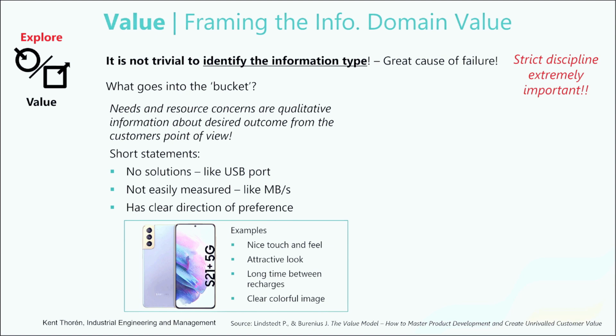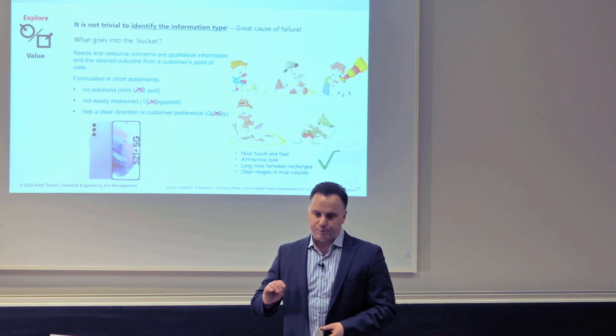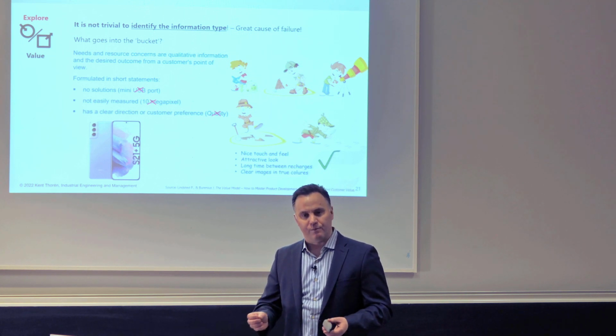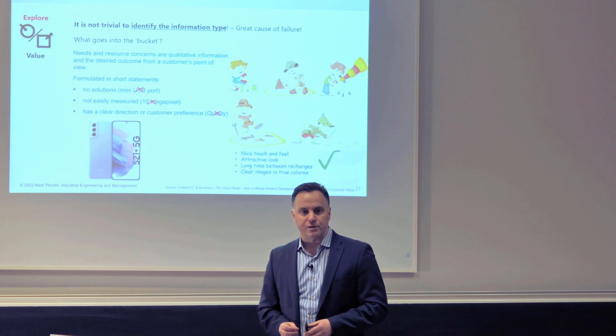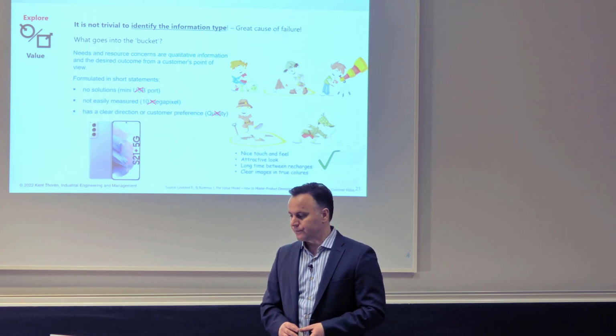It's better to ask about connection. What would be a good connection? Why would you have such a connection? And if it's easily measured, it's about performance levels, not so much about why that aspect of performance is actually needed. So there's also a little bit of a warning sign.